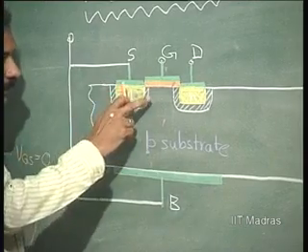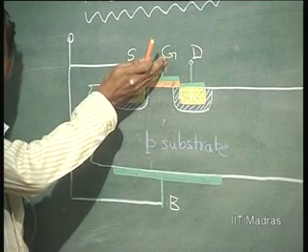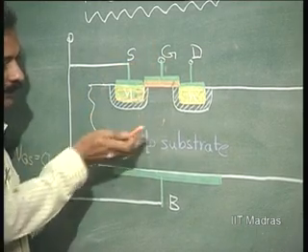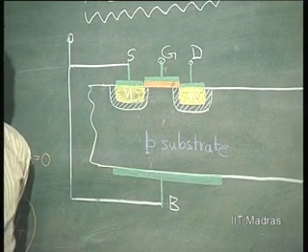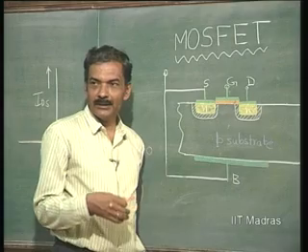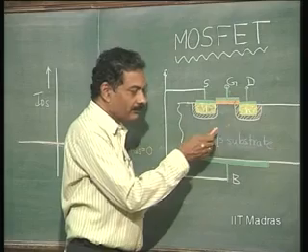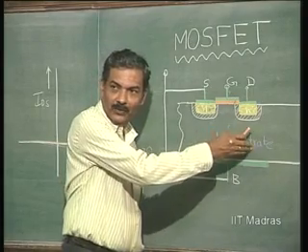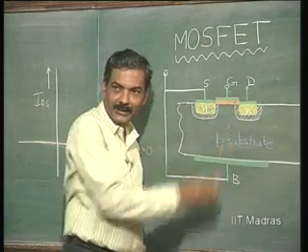That means, as I told you, as I apply a positive voltage, the P substrate contains a lot of mobile carriers, which are electrons as well as holes. Electrons are the minority carriers, holes are the majority carriers.